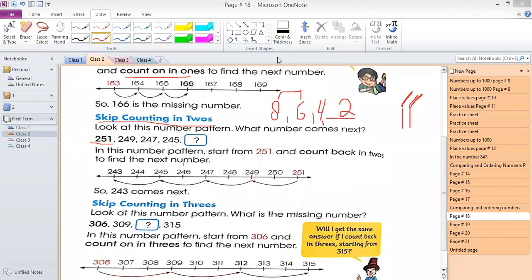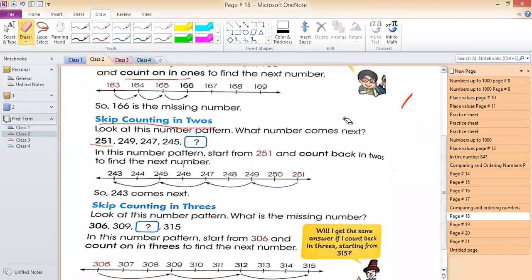Very good. Now look here, guys. In this pattern, it is 251, then 249, 247. Is 251 bigger than 249 or smaller than 249?